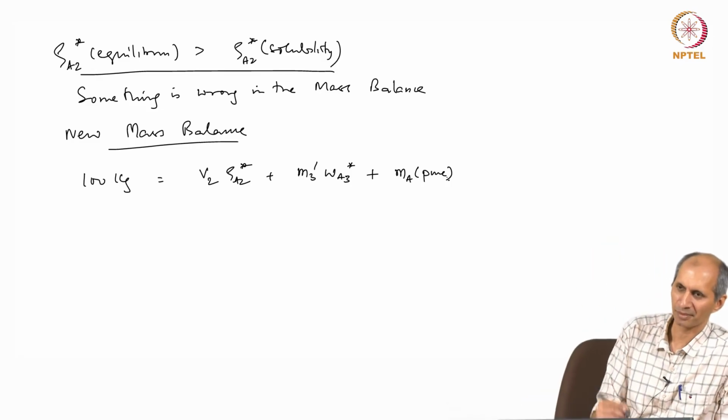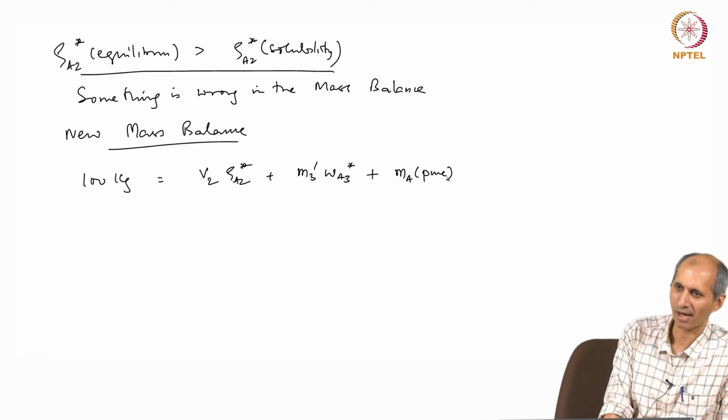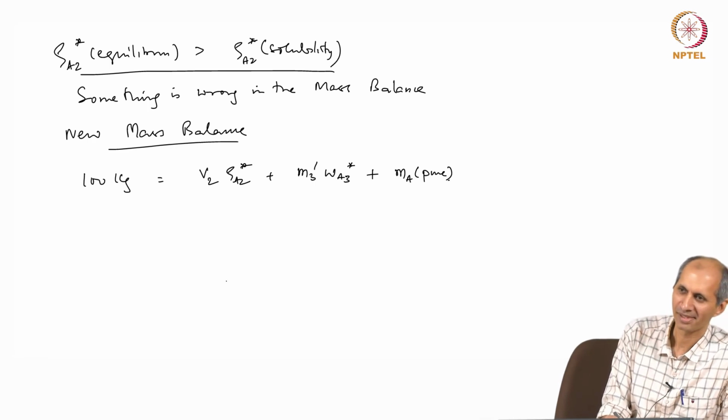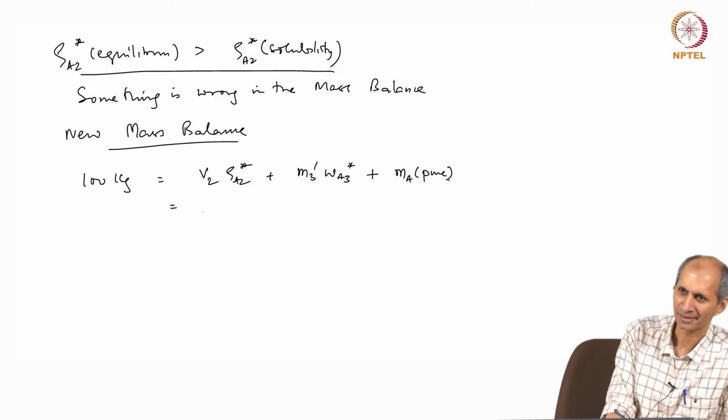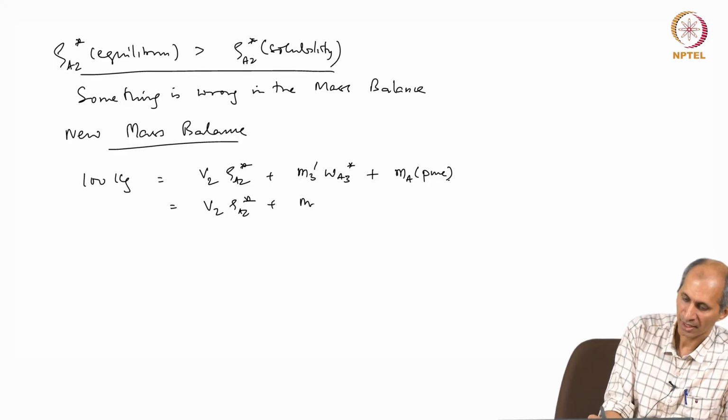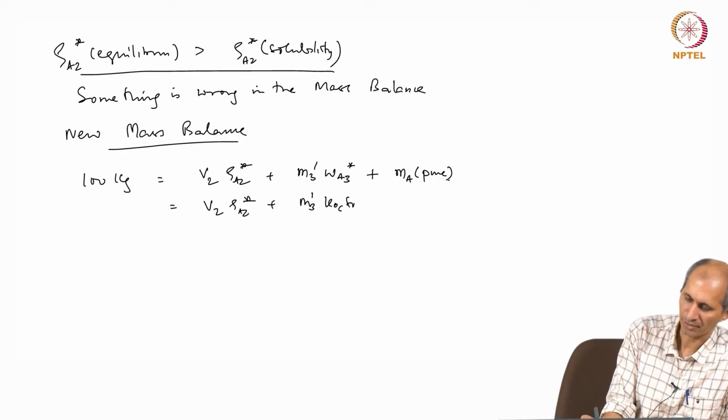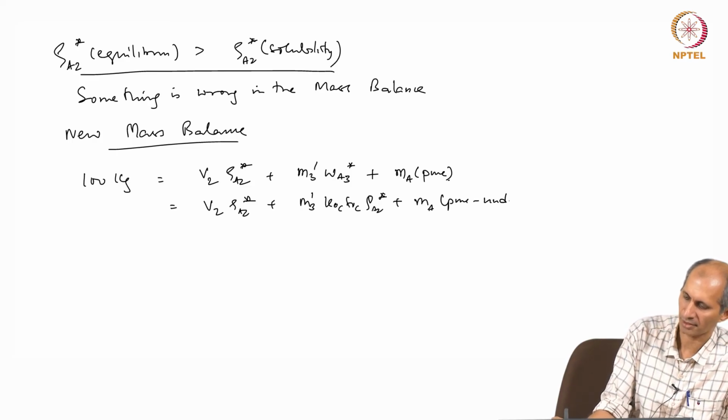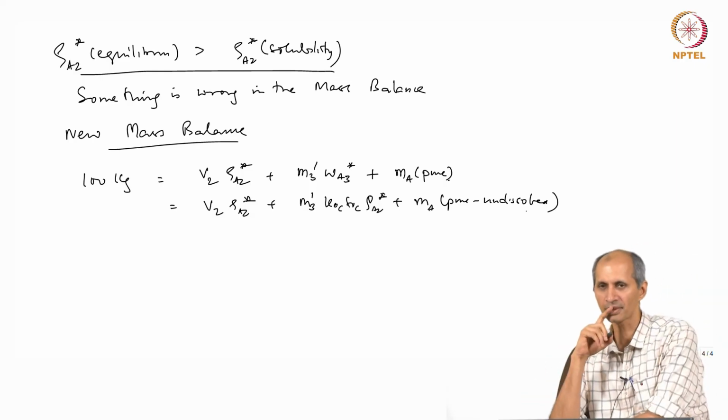But then how many unknowns do we have now? Three unknowns? How many unknowns do we have in this equation now? I will write this equation as rho A2 star plus M3 K_OC f_OC rho A2 star plus Ma pure undissolved. How many unknowns are there in this equation?